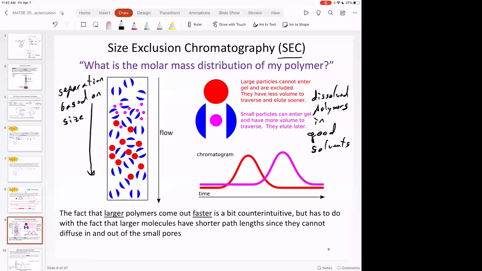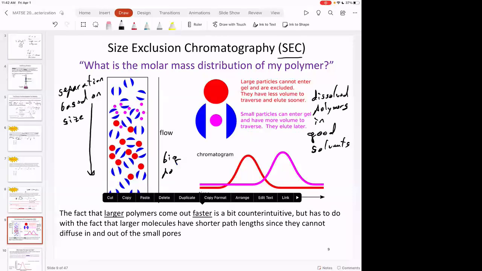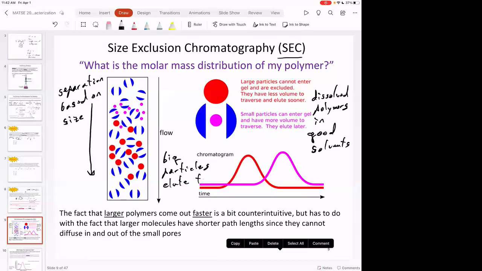So the tricky part about size exclusion chromatography is that big things come out first. Big things elute from the column first.